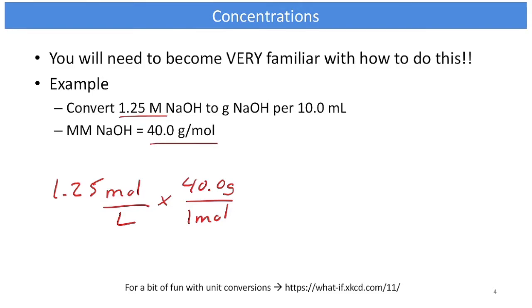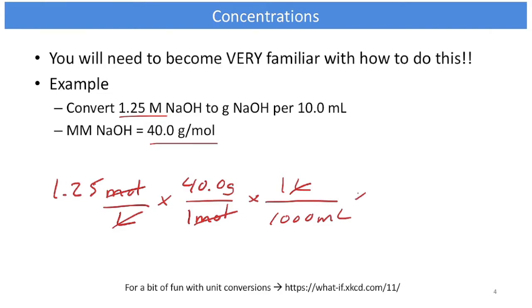Okay, so our moles have now canceled out. So now we have grams per liter, but we need to have grams per 10 milliliters. So we can now convert the liters into milliliters. So if we times 1 liter is 1,000 milliliters. So now the liters cancel. So at this point, if we do the calculation, we will have grams of sodium hydroxide per 1 milliliter of solution.